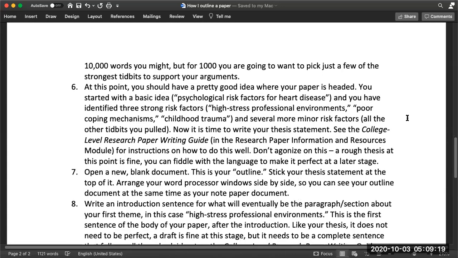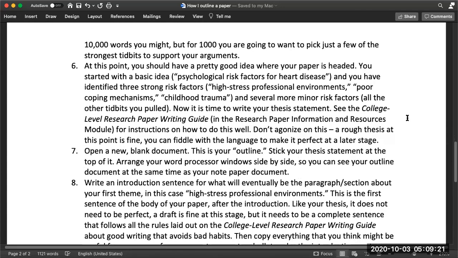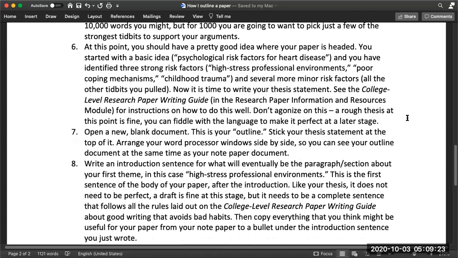Okay, so this is the point where you also need to be pulling up your college level research paper writing guide, because what you need to do at this point is write your thesis statement. You have an idea of what your argument is going to look like, but you don't have a thesis yet.